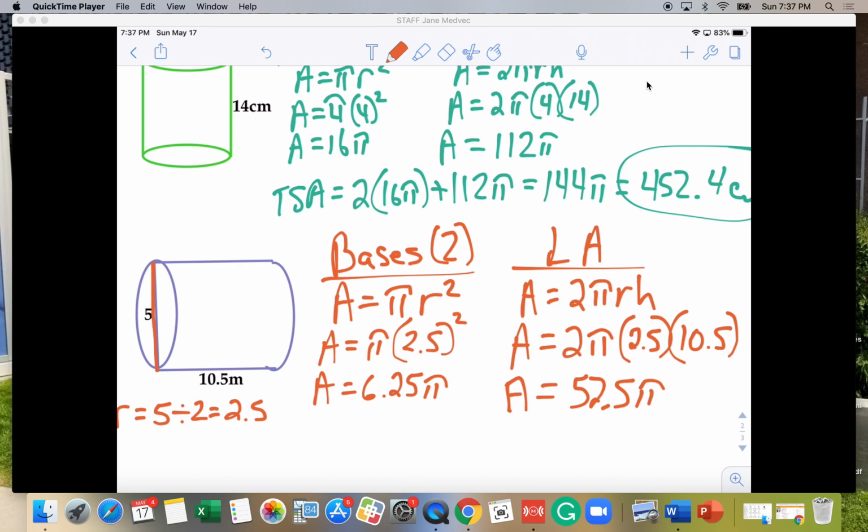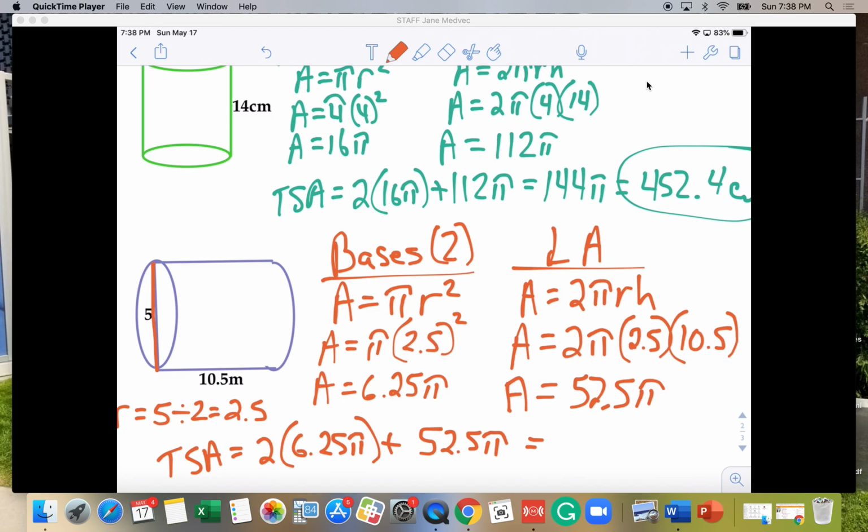And I wouldn't put pi in there yet and cut things off. I'd make sure you keep it exact. So the total surface area is going to be 2 of the bases plus the rectangle in the middle.